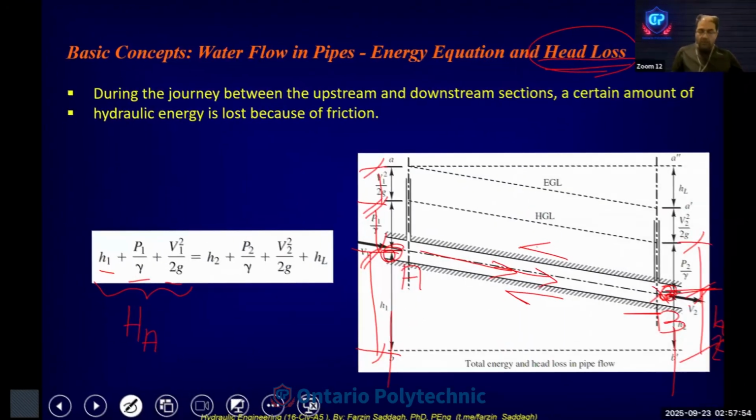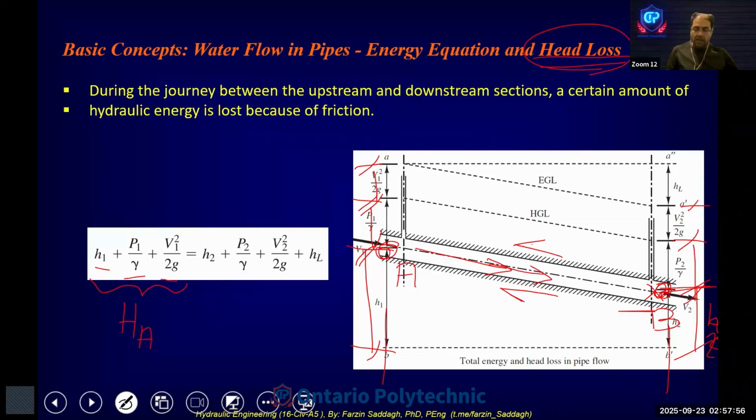We have pressure energy and velocity energy, and always the total energy at the second point is lower than at the first one. The difference between these values is head loss, or HL.